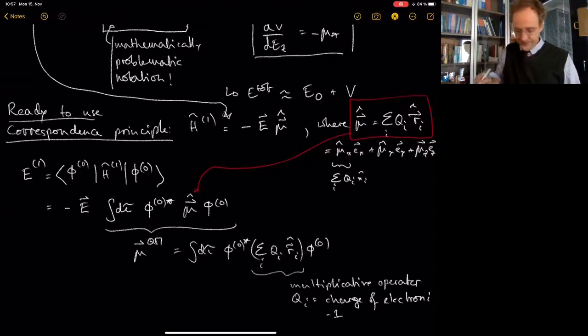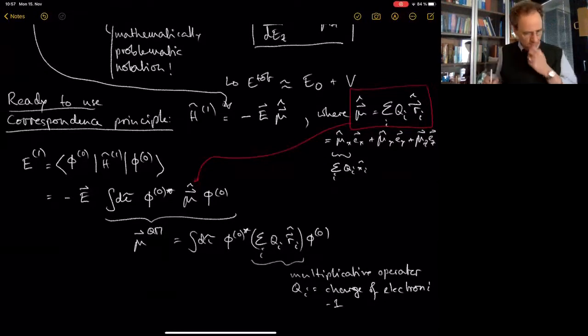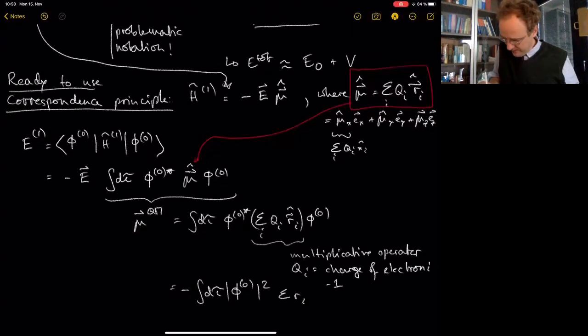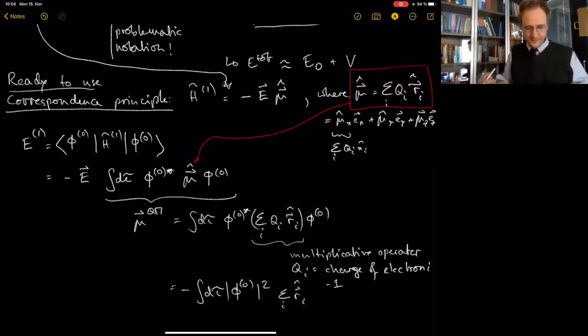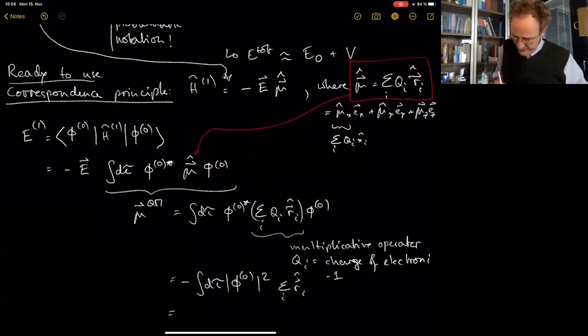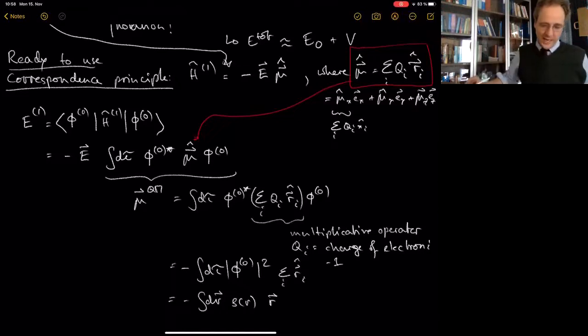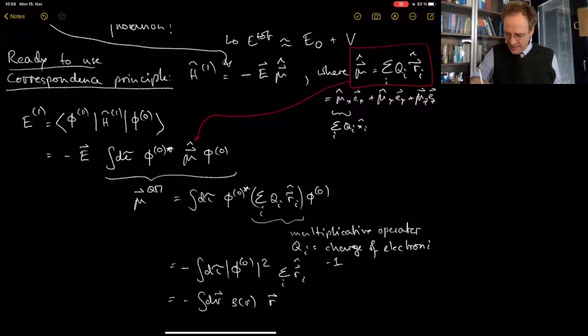So that is -1, okay? So this whole thing is then minus dτ, since it's multiplicative, it's just a square times the sum over Ri. And this is the same, it's minus dr ρ of R vector R, as we change from τ over all electrons to R as the spatial 3D coordinates, right?